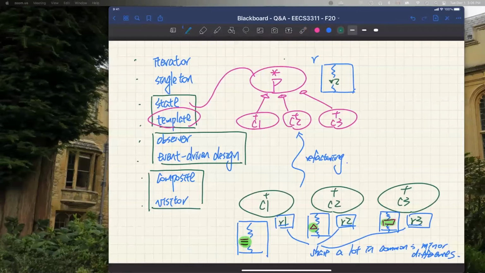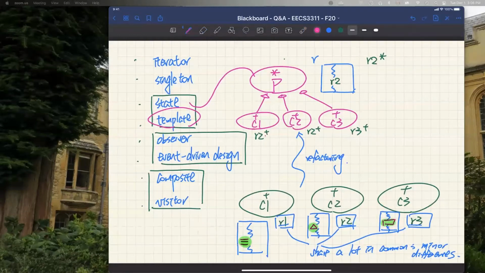Let's say R2 over here. R2 at the level of the parent is simply deferred, meaning that we don't know what R2 is at this level. Then in C1, C2, and also C3, we are just going to implement it.